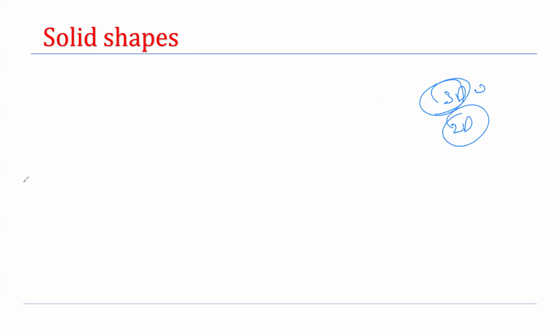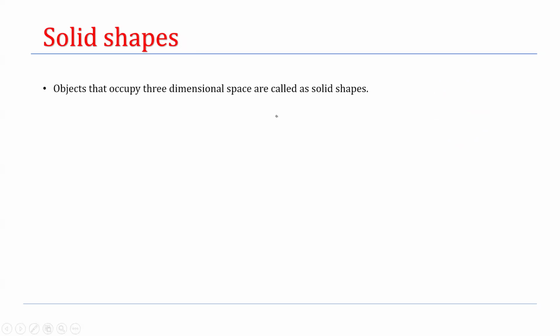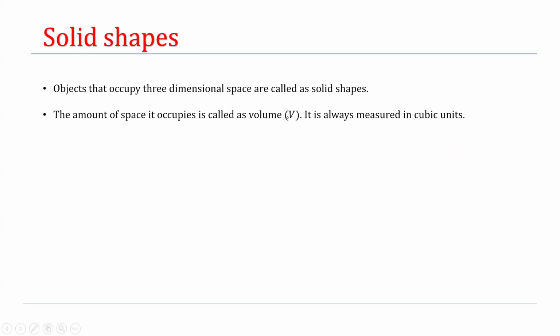So every object will occupy some space. That is called volume. The space occupied by the object is called volume. Now, do you know total surface area and lateral surface area? Do you have any idea? No, sir.